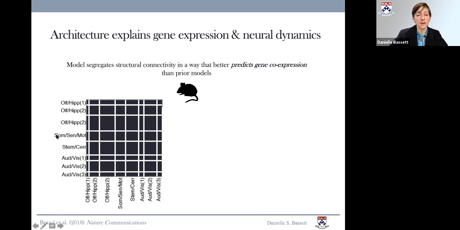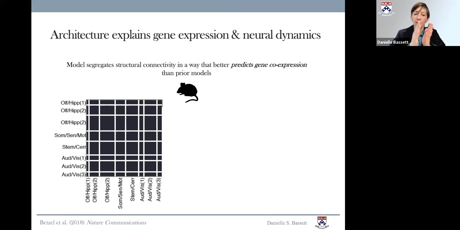This set of areas are important for sensation and motion, for example. And what we can do is apply the weighted stochastic block model to the connectome, and that provides us with these white lines, which are the demarcation between different blocks in the connectivity architecture, where the connectivity inside of a block is relatively homogeneous. I'm not showing you the connectome data at all, I'm just showing you the white lines so that you can see where they are.